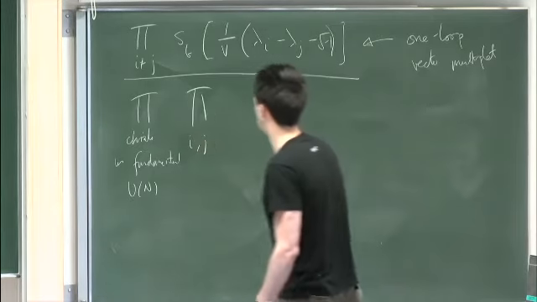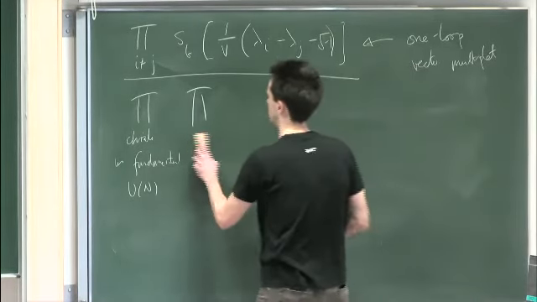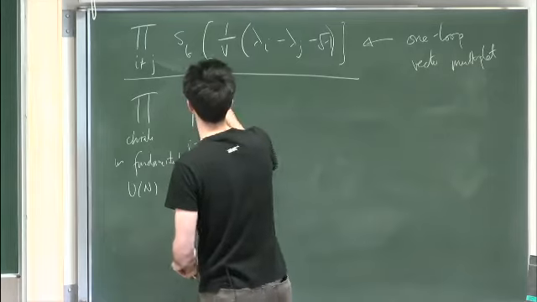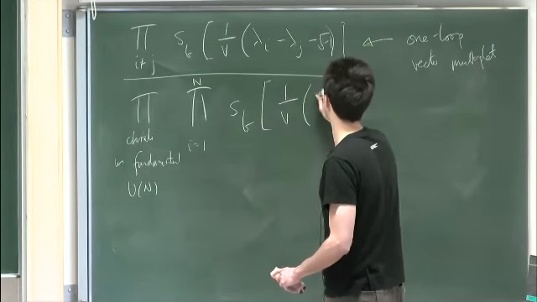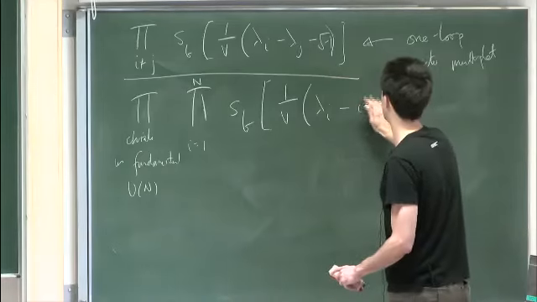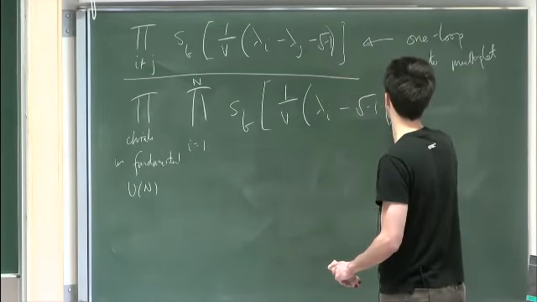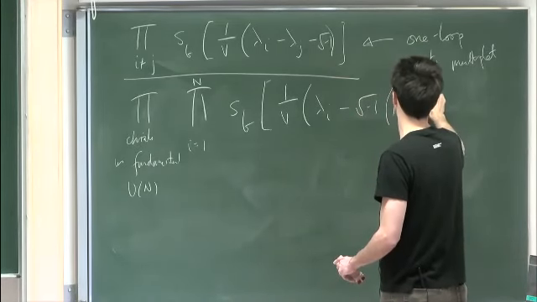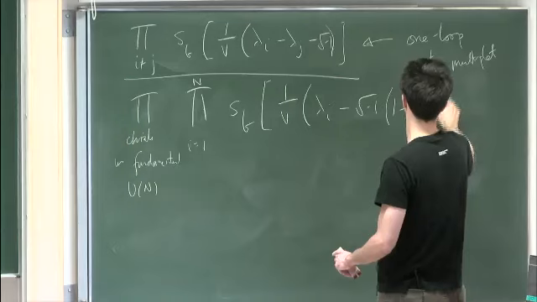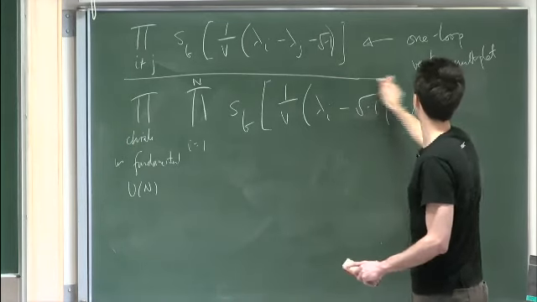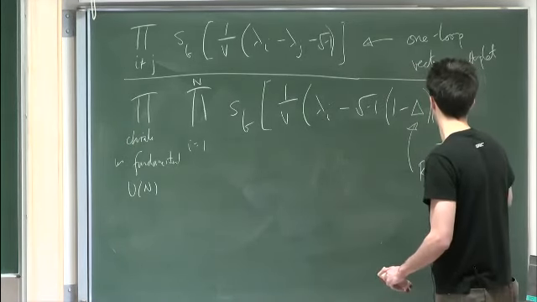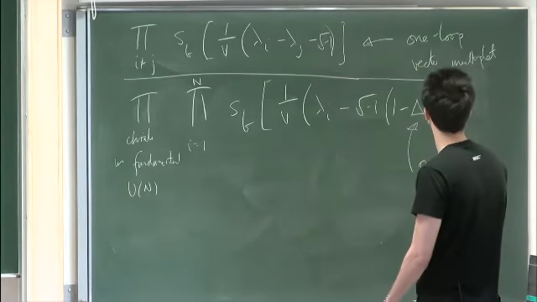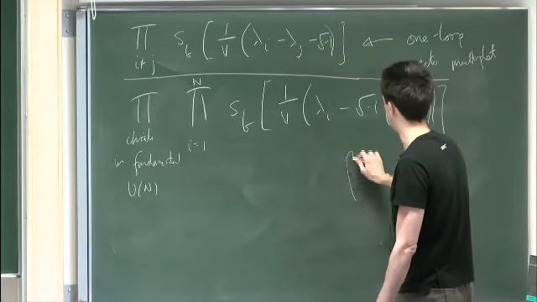So there's a product over all i from 1 up to n. S_b is the same function, of 1 over v, lambda i minus square root minus 1, times 1 minus delta. And delta here is the R charge of the field. Then this is the one loop for the matter.